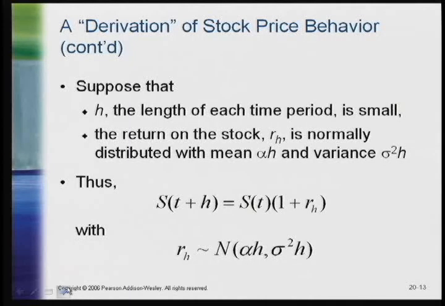So Rh is a period return. It's not an annual return, of course. It's a period return. And in the mean and the standard deviation of that period return, one sees the h. And then, therefore, alpha and sigma are annual values.